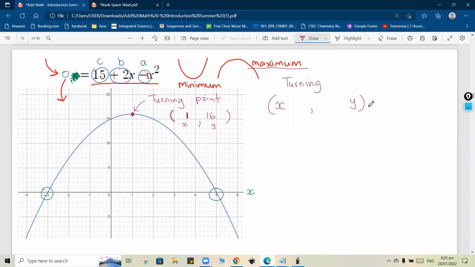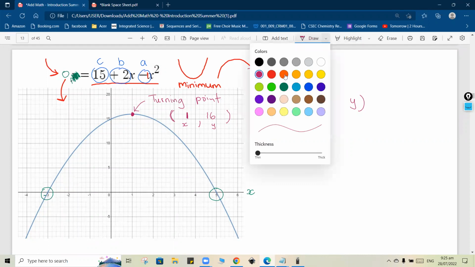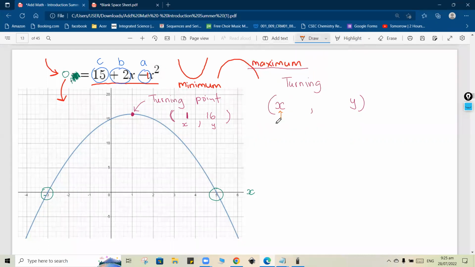Believe it or not, what I'm about to show you comes in two subjects. It could come in regular boring maths, or it can also come in add maths. To calculate the x coordinate, use this formula: minus b divided by 2a. Please don't forget this minus sign in the formula, which means if b was negative, the formula comes with a free minus sign.